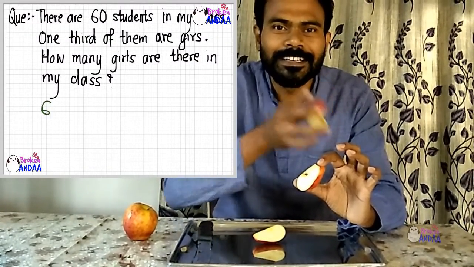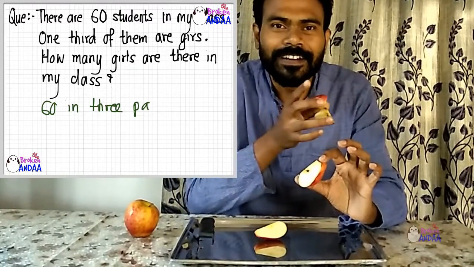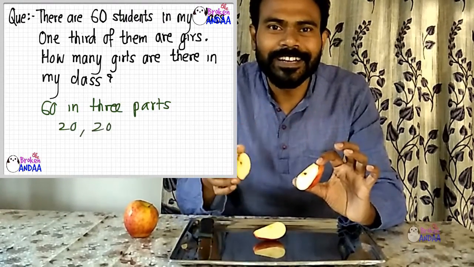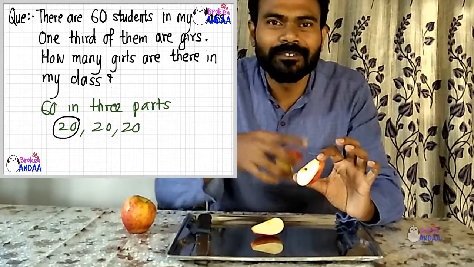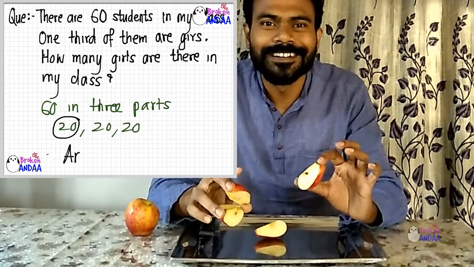What is meant by 1/3? I'm going to divide them into 3 equal parts. If I divide 60 by 3, it will be 20, 20, 20. And for 1/3, I'm going to select one part of it. So how many? 20. Yes, there are 20 girls in my class. So in this way we can use fractions to define many things.